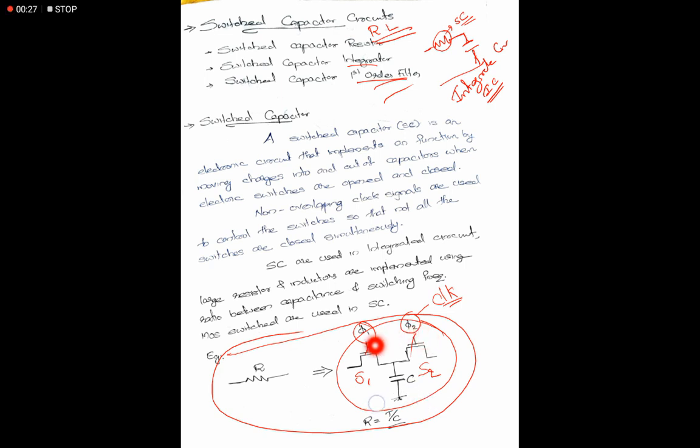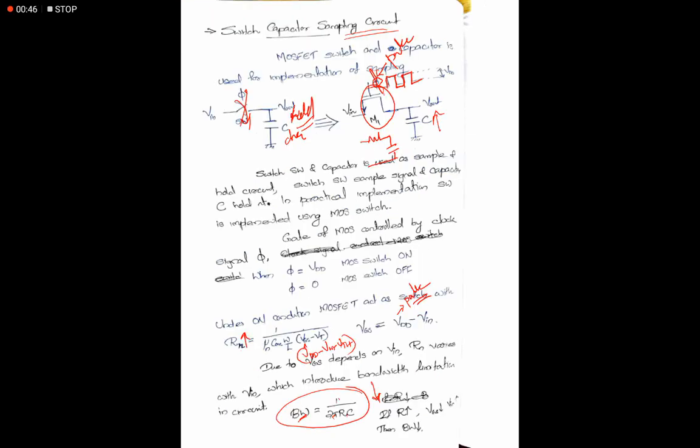The switches are controlled by non-overlapping clock signals, phi 1 and phi 2, and the condition is that the on time of both the clock signals is less than T by 2, and the T of both the signals must be the same, and they are complements of each other, and the on time is somewhat less than the off time.